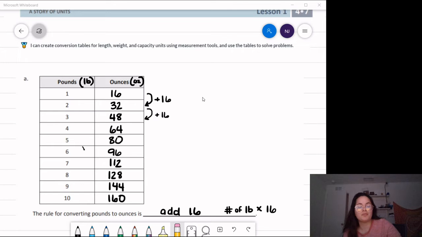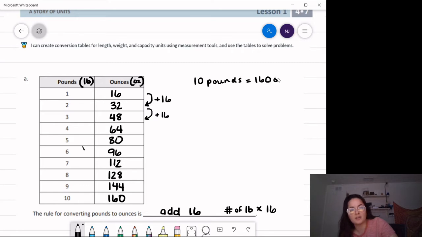Okay, so I think if you are playing the video, you're ready to go over it. So what we can do is we can say that in 10 pounds, there are 160 ounces. And then in 5 pounds, there are 80 ounces.